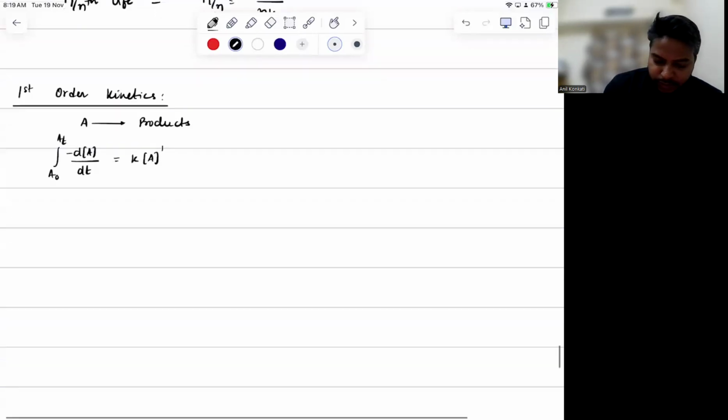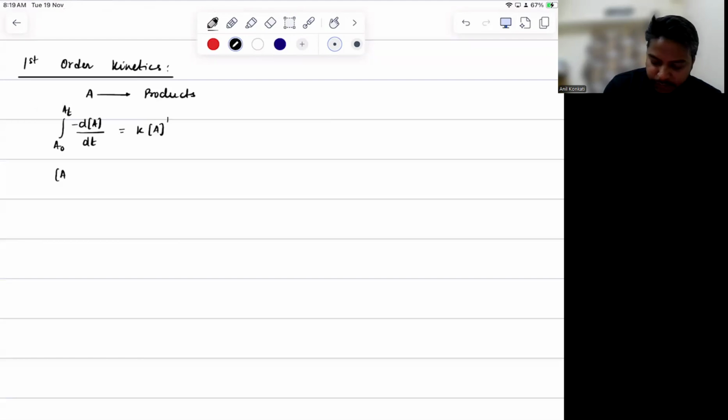And on integrating, we get concentration of A is equal to A naught e raised to power of minus k into t.